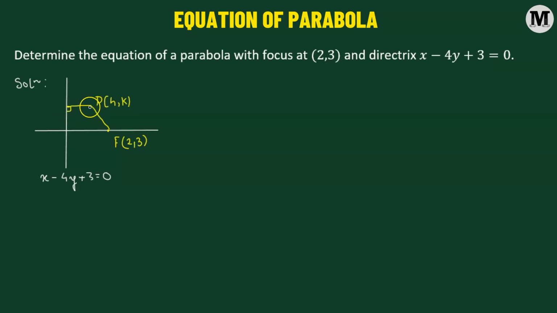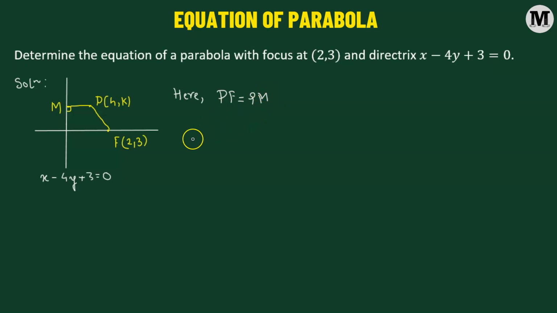Let's say the perpendicular line drawn from point P meets the directrix at M. By the definition of a parabola, PF must be equal to the perpendicular length PM.